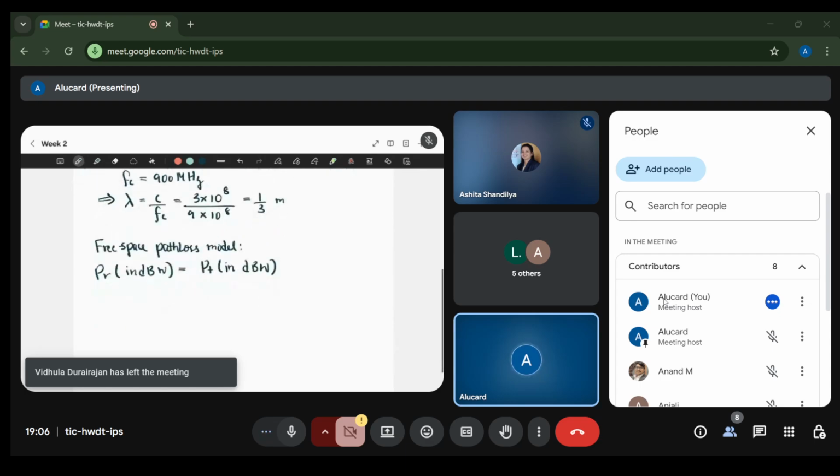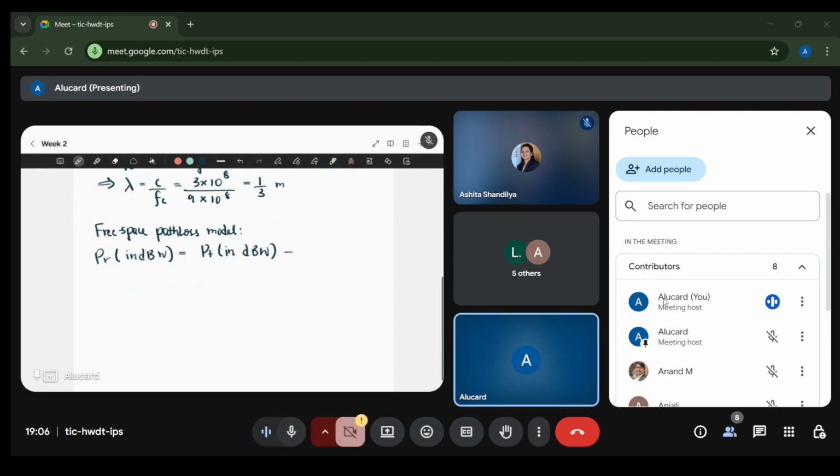In the lecture video, they didn't really write it in terms of dB watts, but in watts you just take log on both sides and multiply it by 10. This means P received, which is minus 90, is equal to minus 20 log of 4 pi d divided by 1 over 3.